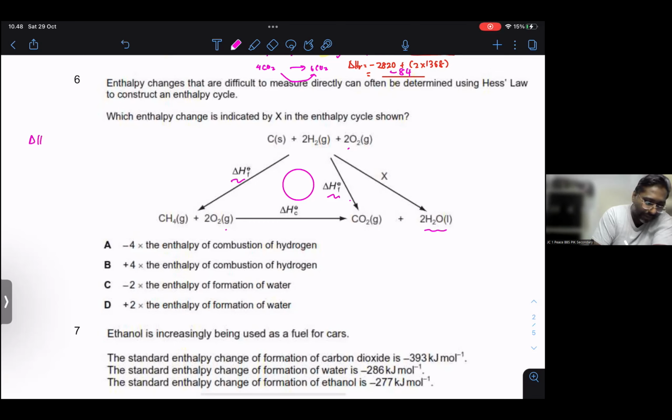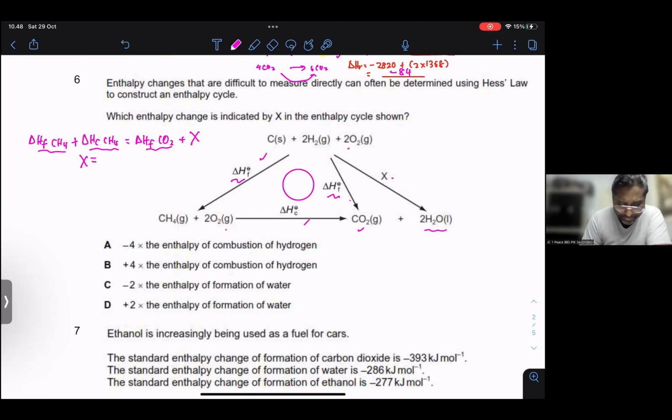So you will have delta H of formation of CH4, and then plus delta H of combustion of CH4. This must be equal to enthalpy change of formation of carbon dioxide plus, they give this as X, so it is still plus X. So you want X, X is going to be this value plus this value minus this value. Supposed to be like that.